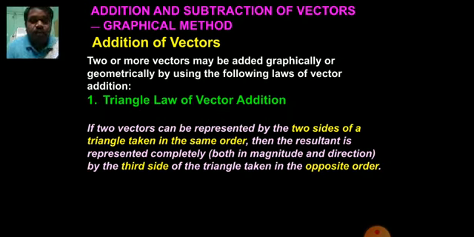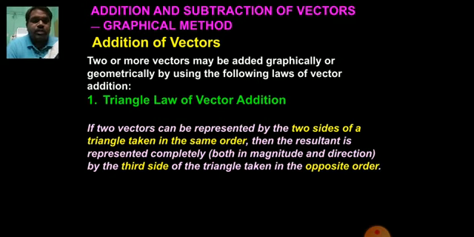If the head of first vector is joined with tail of second vector, then the head of second vector is joined with tail of third vector, then only we can say that the sides are in the same order. I hope you all are able to know what I want to intend to all of you.